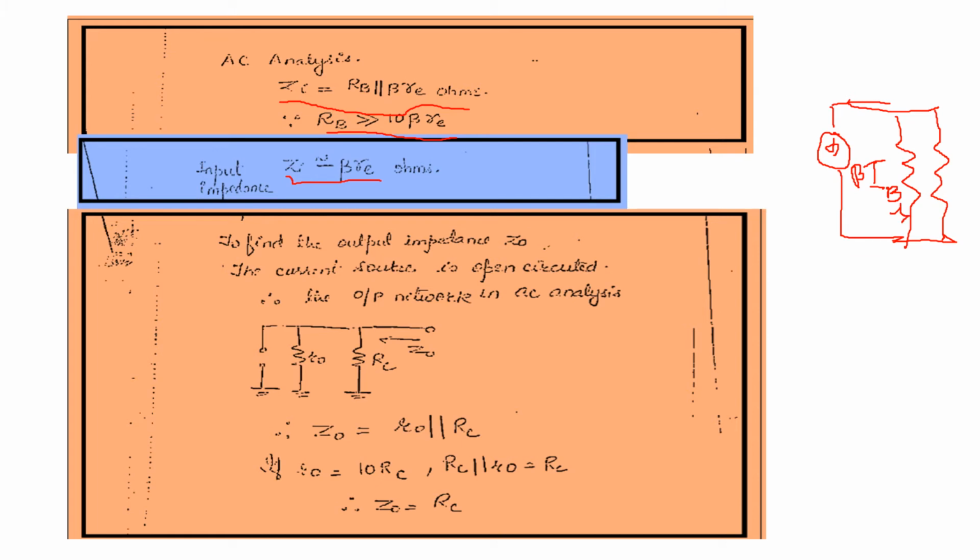So this is your R0, this is your RC, and from here you are finding the impedance Z0.